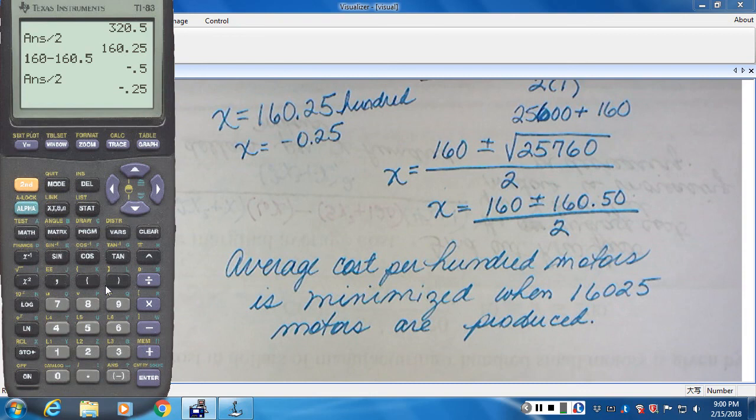What are you talking about? Well, 160.25 by itself doesn't really give you an answer to the question. But if you go back and look at your units, that's why units are so important. That last sentence, that conclusion, makes your boss happy. He knows he needs to make that many and no more to minimize his cost. Otherwise, his cost starts going back up again. Okay?